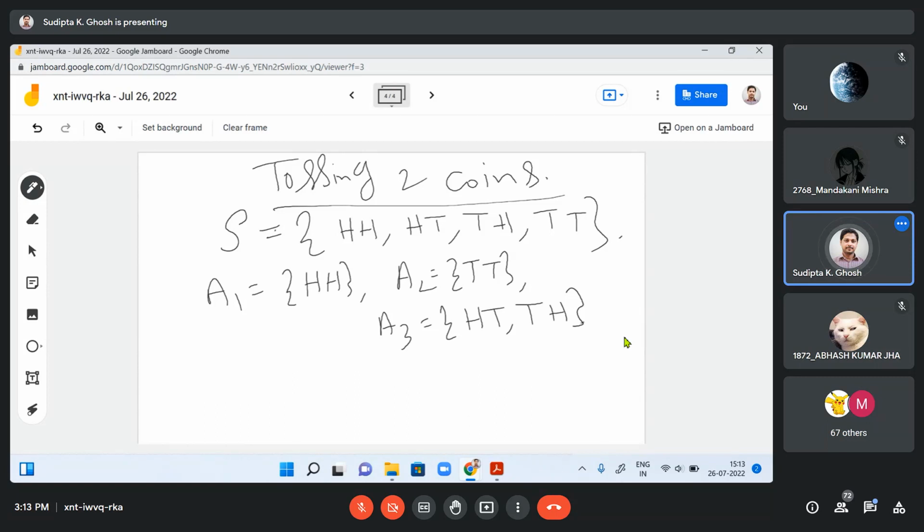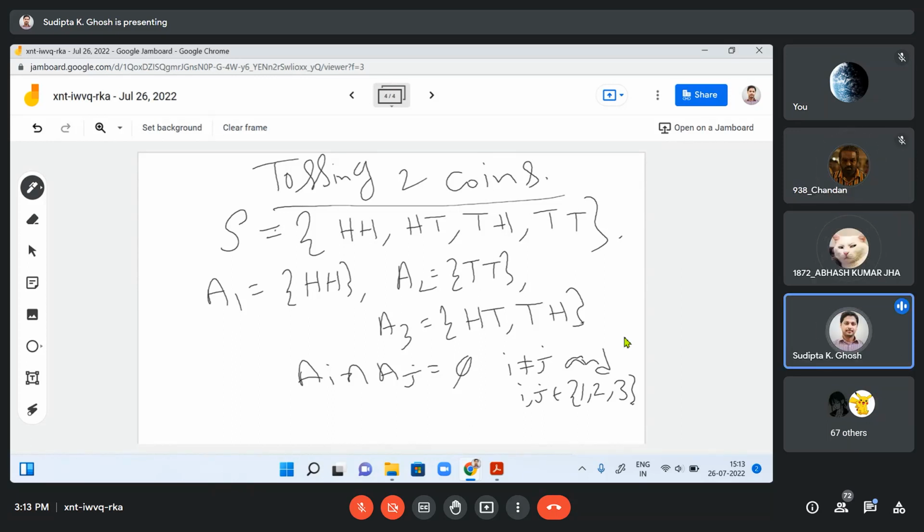Can I say Ai intersection Aj is equal to phi for i not equal to j, and i, j belong to 1, 2, 3? Yes, sir. So that is the case: A1, A2, A3 are pairwise disjoint events. You can check that.